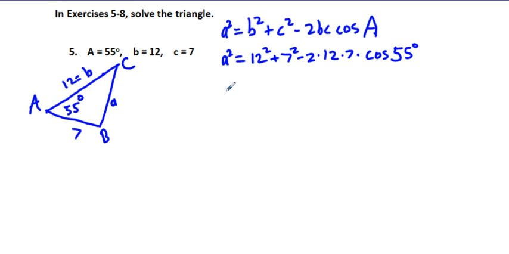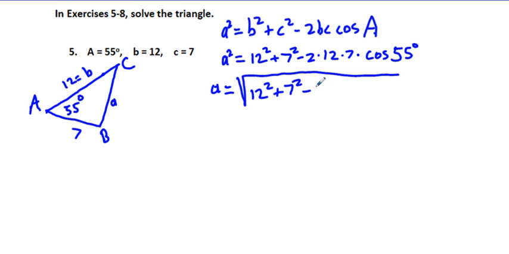And now to solve for A, we put all this under a radical: 12 squared plus 7 squared minus 2 times 12 times 7 times cosine of 55 degrees.